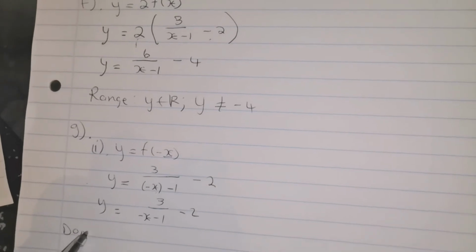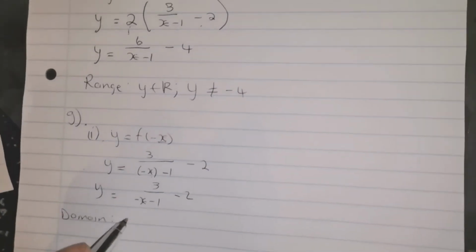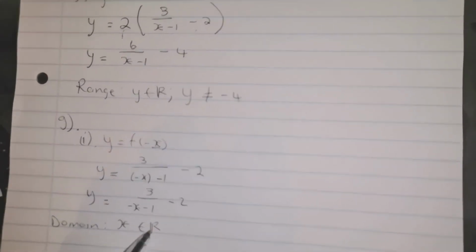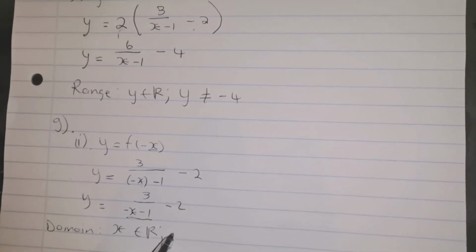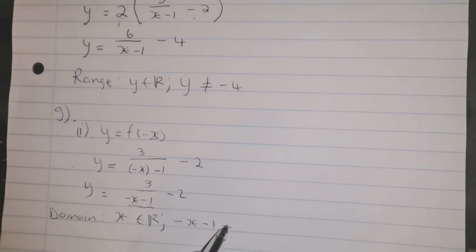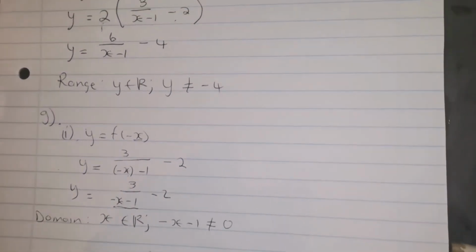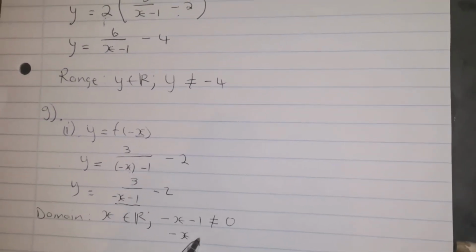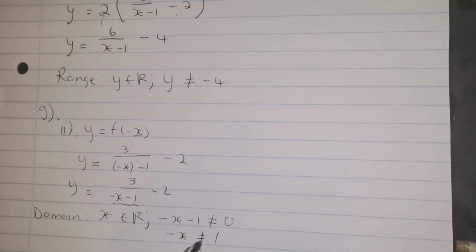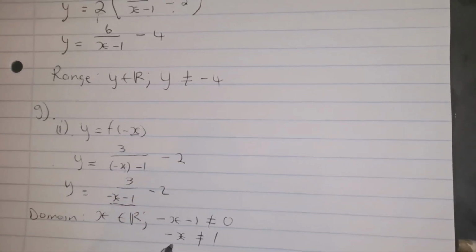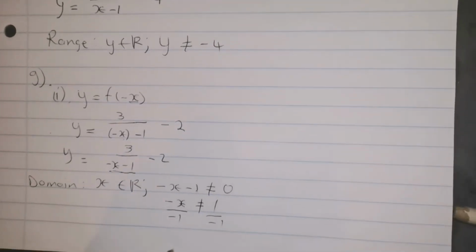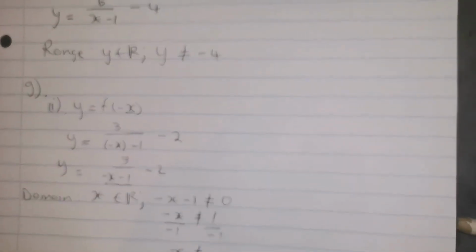Domain for this function is x is an element of real numbers, such that negative x minus 1 is not equal to 0. It's all for x right now. The negative x is not equal to 1. I transpose this negative 1 to the other side, it's going to be positive 1, then I divide both sides by negative 1, then x is not equal to minus 1.